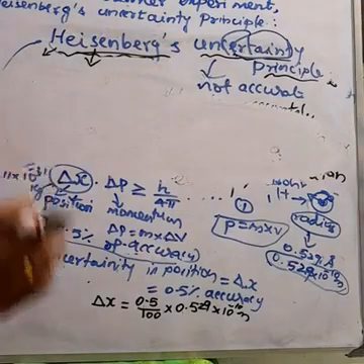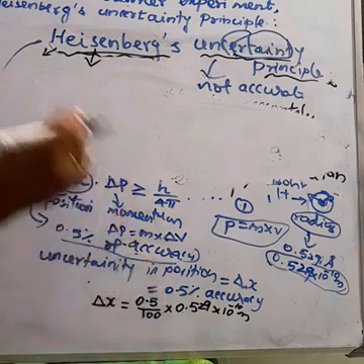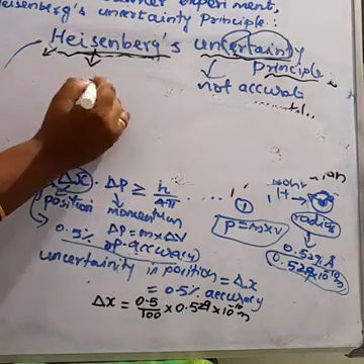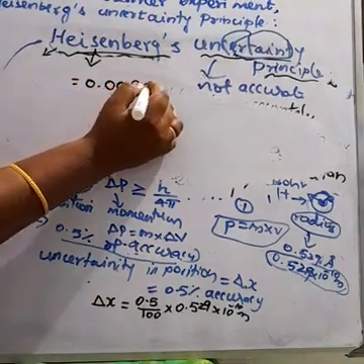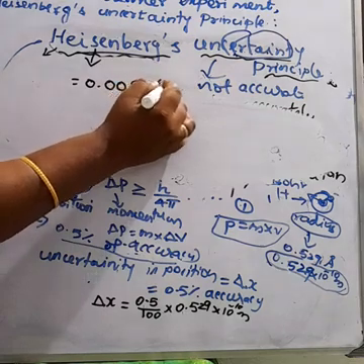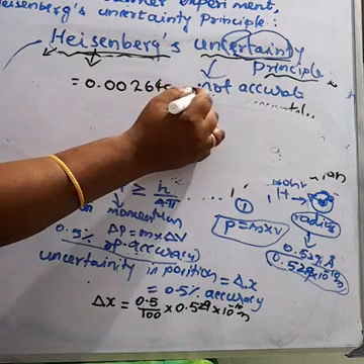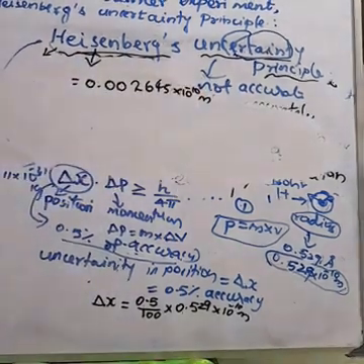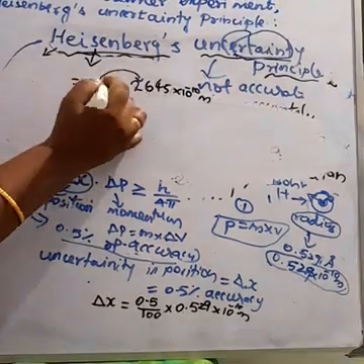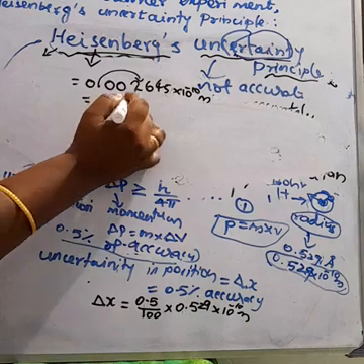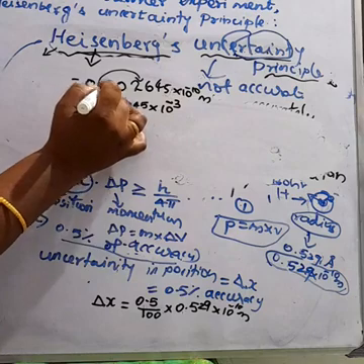By dividing and multiplying these three values, we get 2.645 into 10 power minus 3, because the point will go after 3 digits, 1, 2, 3.